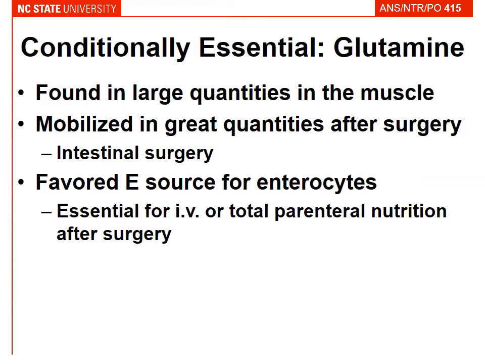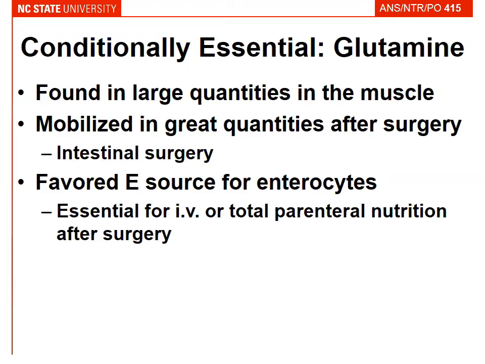One of the ones that becomes essential during trauma is glutamine. So, glutamine is found in large quantities in muscle, and it is mobilized pretty greatly after surgery, especially if you have intestinal surgery, and that's because it is the favorite energy source for enterocytes. So, if you know anybody that's ever had intestinal surgery, Crohn's disease has parts of their intestine removed, bariatric surgery where they have parts of the stomach removed, typically during the recovery time, it's essential.